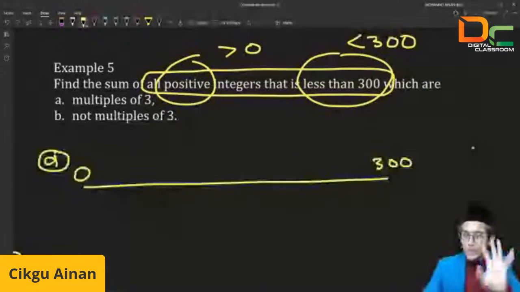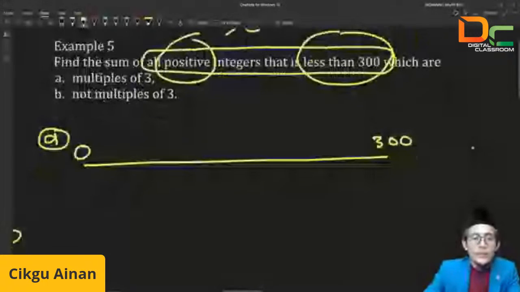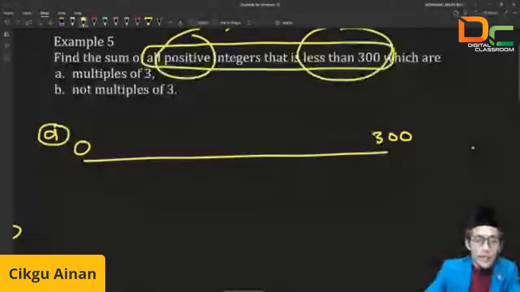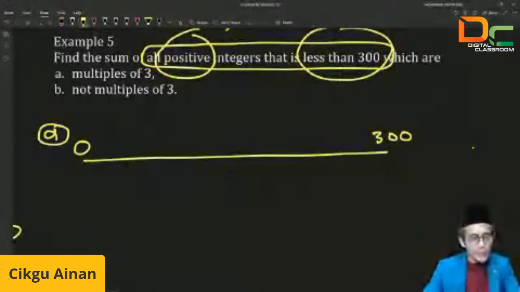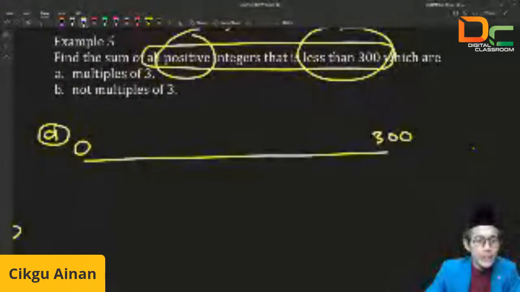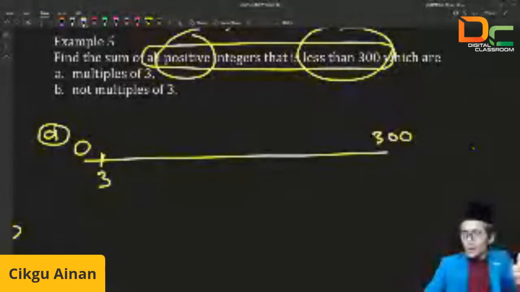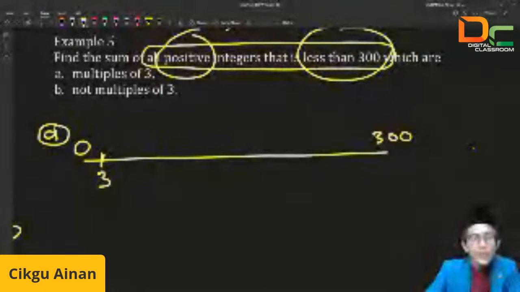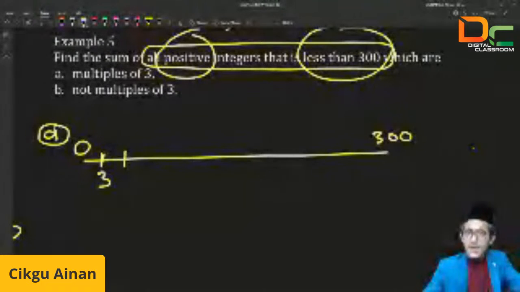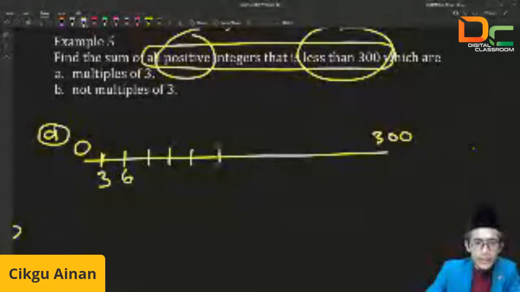We are not going to list all of them, only some of them. What is the first number greater than 0 which is a multiple of 3? It is 3, obviously. It is not 1, it is not 2, it is 3. And then what is the next number? 4 is not, 5 is not, 6 it is. But no need to list them all. Just put dots until 300.